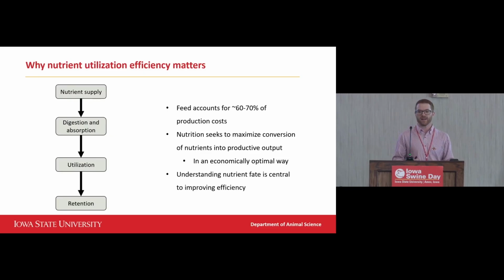Nutrient supply, in my mind, has a lot to do with requirement estimation, understanding ingredients and ingredient characteristics, feed processing, etc. Digestion and absorption, that can go all the way from health and management of the pigs to feed technologies like enzymes, proper characterization, again, of ingredients, and also characterization of those ingredients and enzymes, etc., throughout the lifetime of the pig and how that changes. Utilization becomes a little bit more abstract, right, because it's a lot more metabolic and a lot of things can interact there that ultimately determine that. And then ultimately retention, end product in the pig.